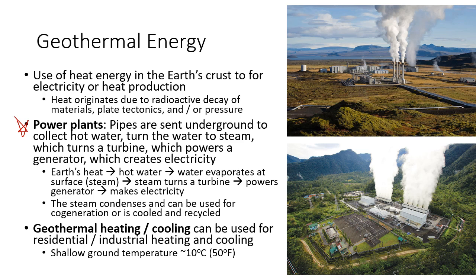Geothermal heating and cooling, you will also see this as passive geothermal sometimes, but passive geothermal is actually a little bit different, but I'll talk about it in a second. Geothermal heating and cooling is essentially where you send down pipes, and you can either have a flowing liquid of water or air that goes through these pipes, and they're not as deep as a geothermal power plant.